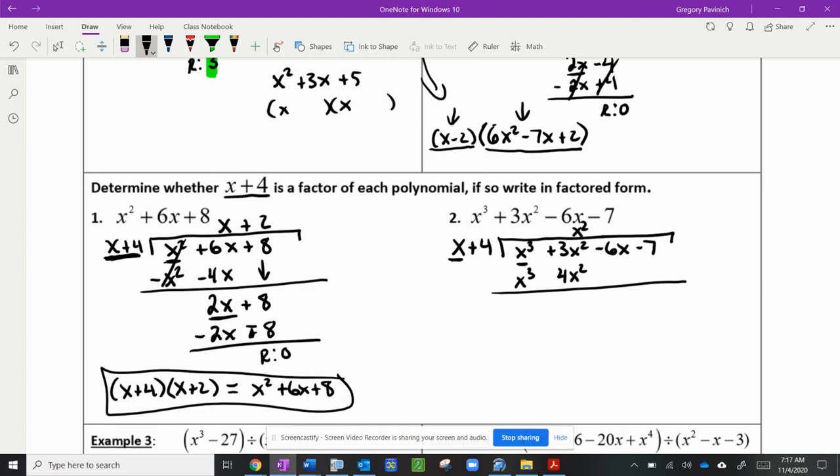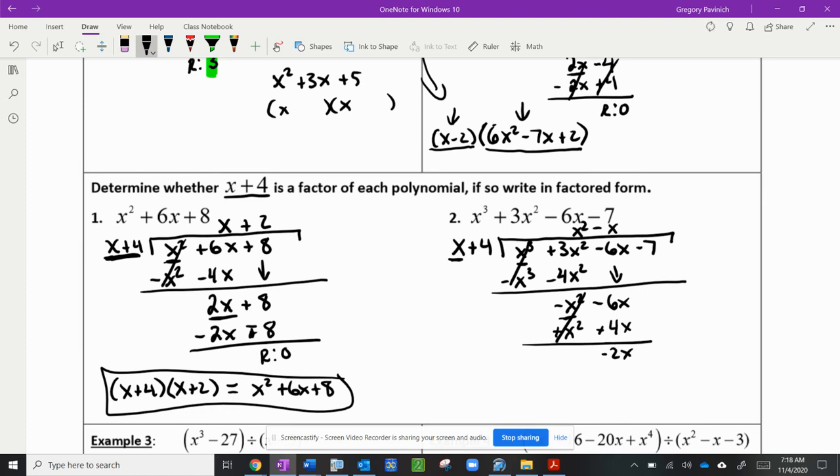Those are both positive terms, so when I distribute my subtraction sign through, it changes them to negative. Bring down. Okay, now I want to multiply x to get negative x squared, which would be a negative x. Take that negative x, multiply it by my 4, get negative 4x. Change my signs because I'm going to be subtracting, and that is going to cancel there.